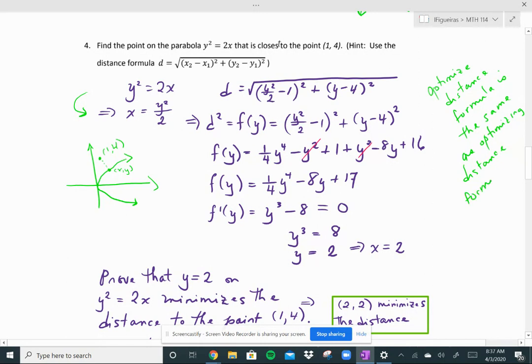And why is that helpful? Because if you square the distance formula, the radical goes away. So that's what we're doing right here. I'm going to square d, so d squared.